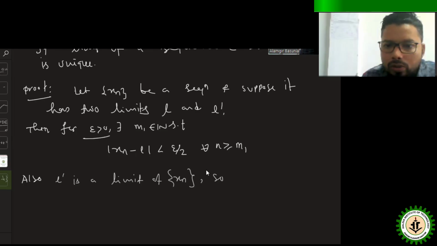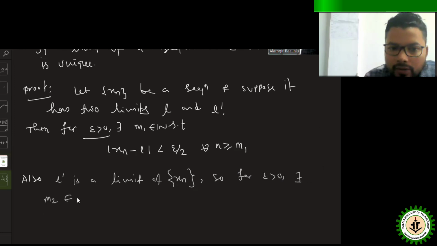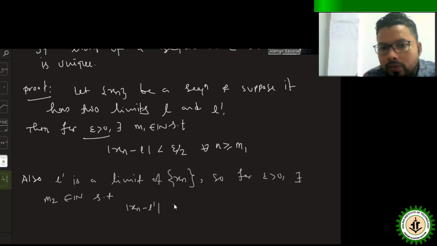So for epsilon greater than 0, there exists m2 also, another natural number m2, such that mod of xn minus L prime will be less than epsilon by 2 for all n greater equal m2.